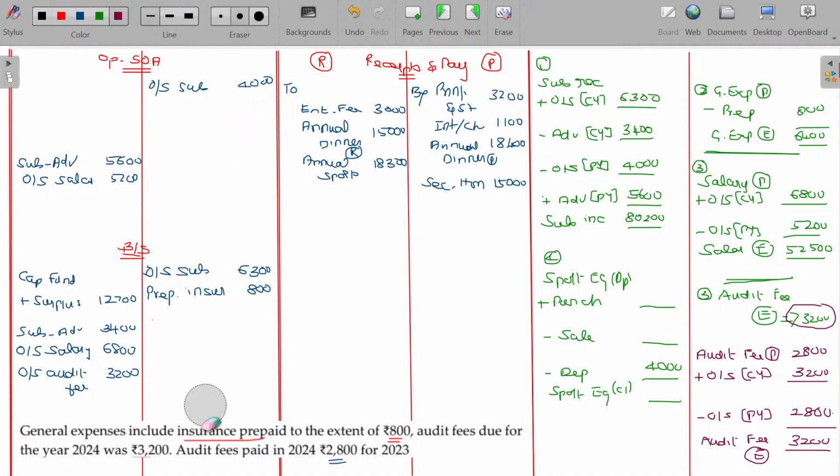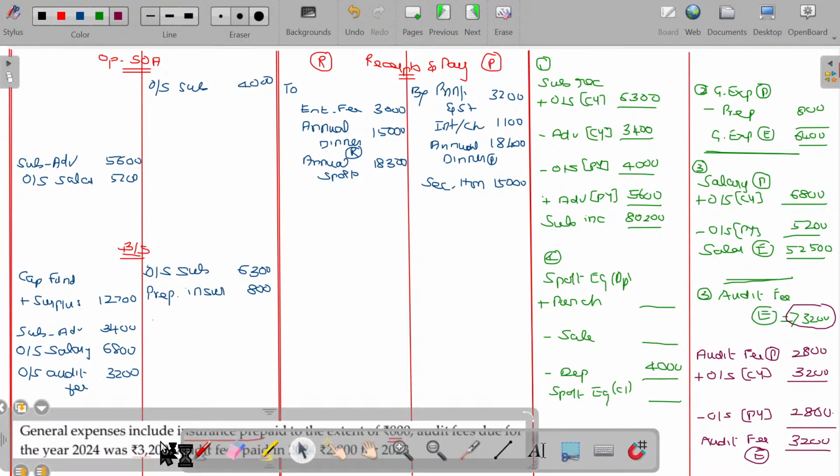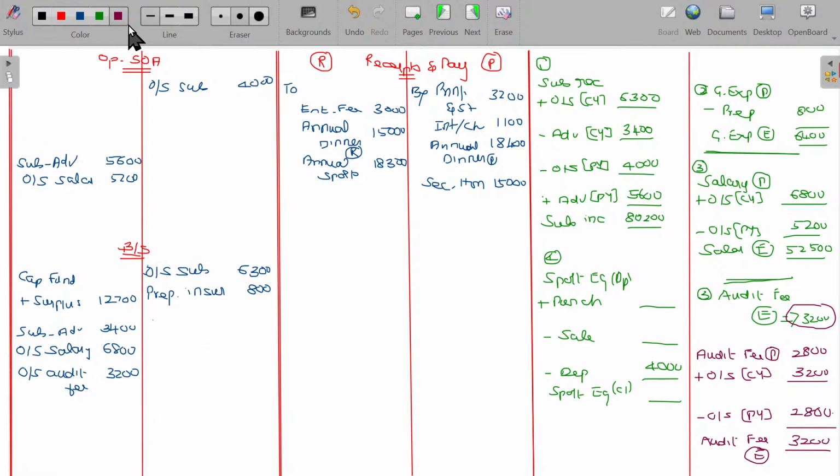I'm going to post all these things here for your better understanding. So here, audit fee 3,200 expenses, we have taken it from the income and expenditure account. Previous year outstanding will be on this side.